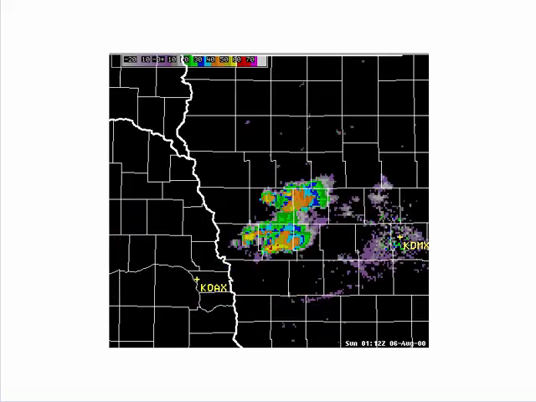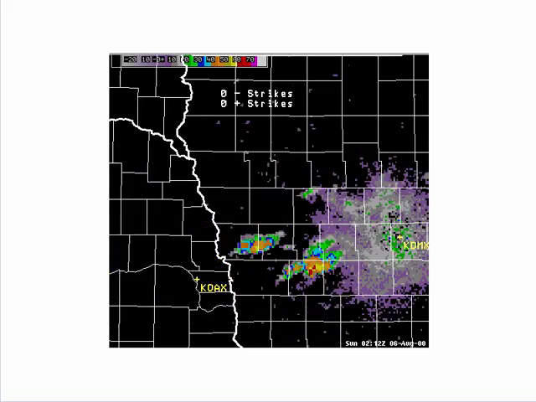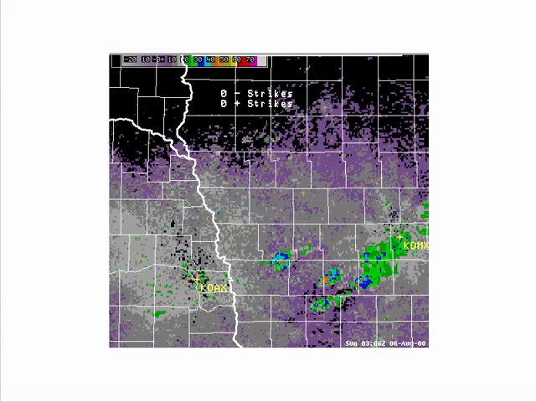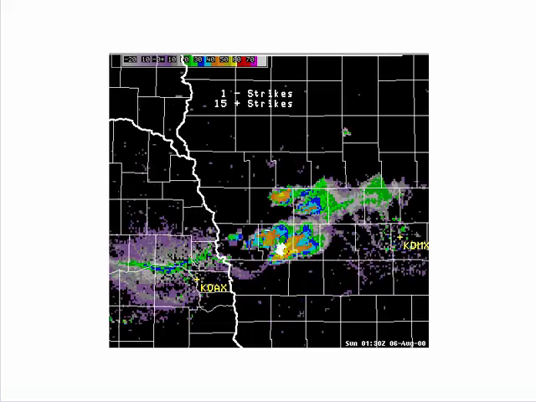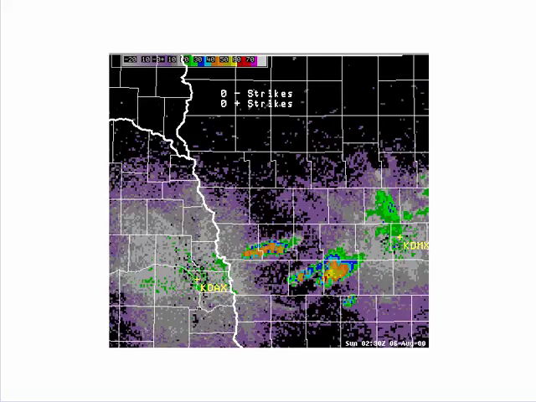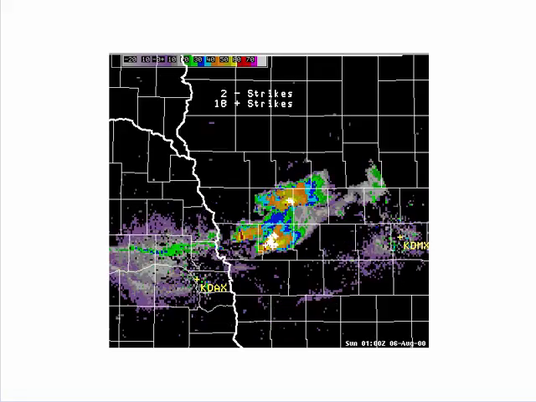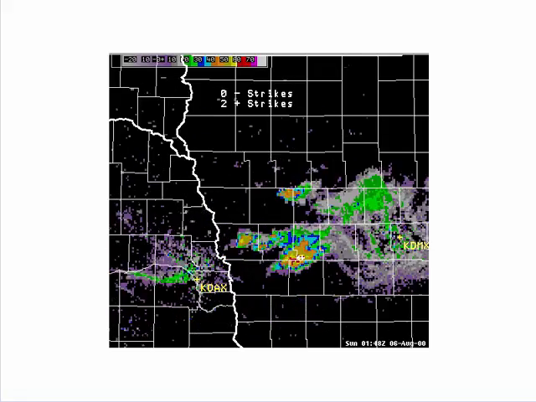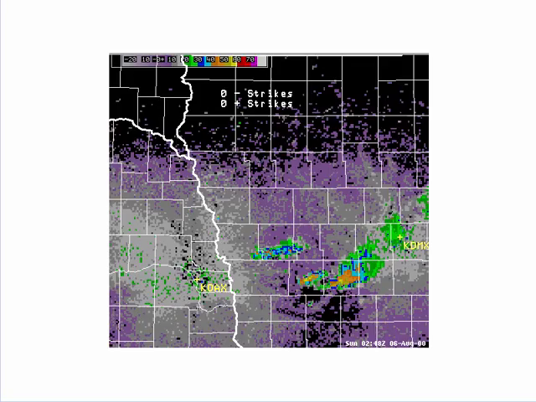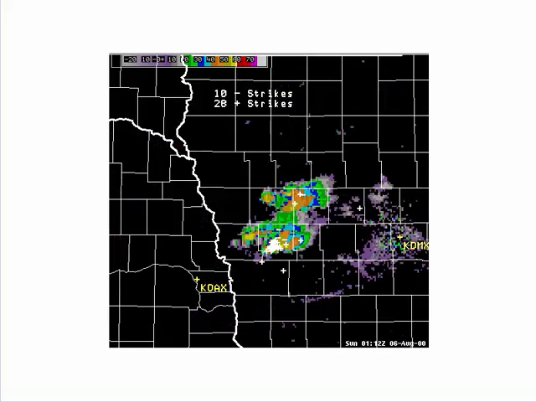Finally, let's go to the radar loop as these storms are dissipating. And again, I will overlay the NLDN cloud-to-ground lightning data. And here we can see a pretty good use of the lightning data in terms of answering the question, when will I need to stop issuing warnings on these storms?